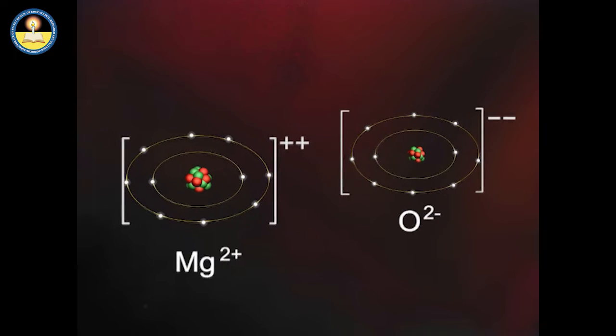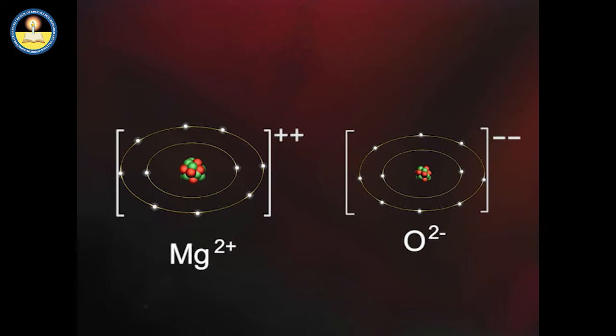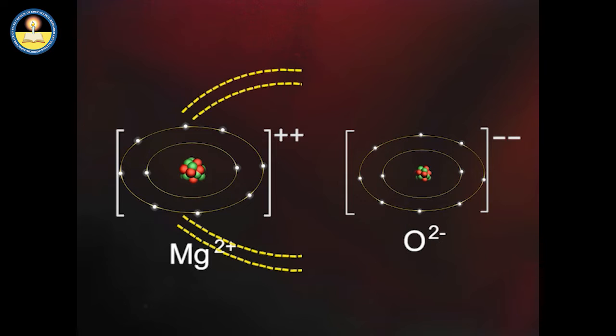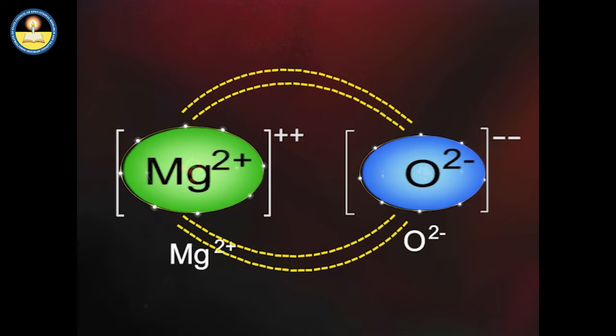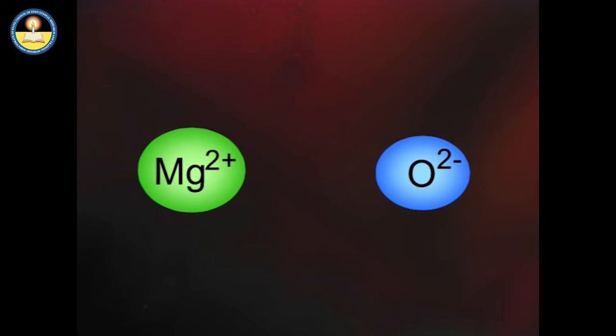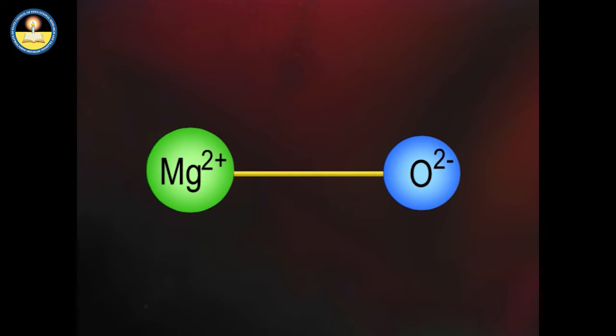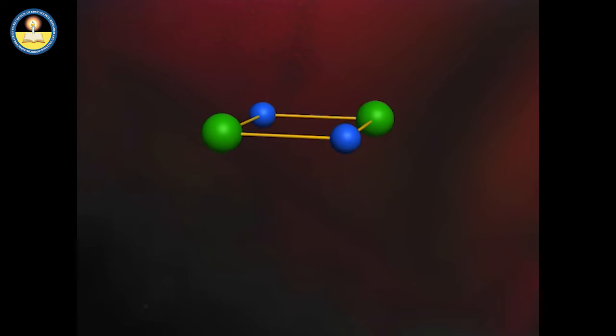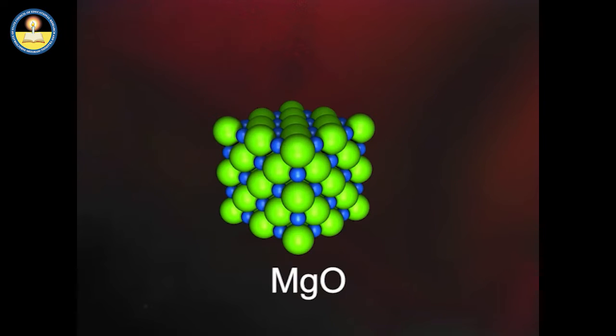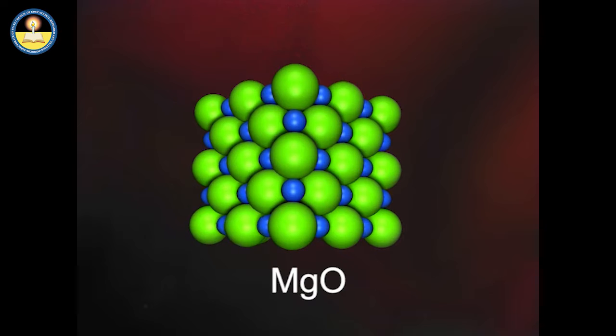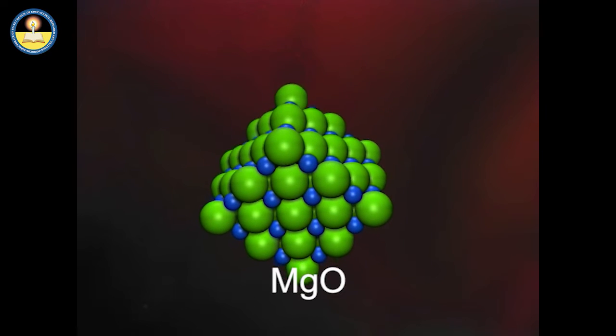The resulting oppositely charged ions of magnesium and oxide are held by the strong electrostatic forces of attraction. This forms an ionic or electrovalent bond between them in the ratio of 1:1, resulting in the chemical formula MgO for magnesium oxide.